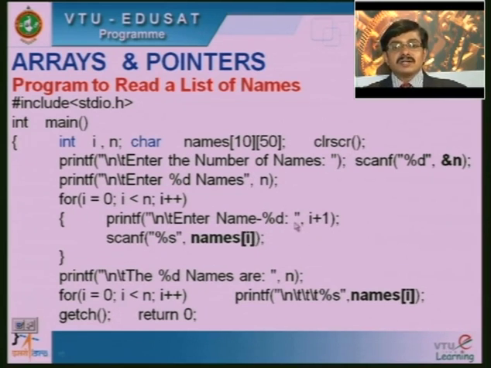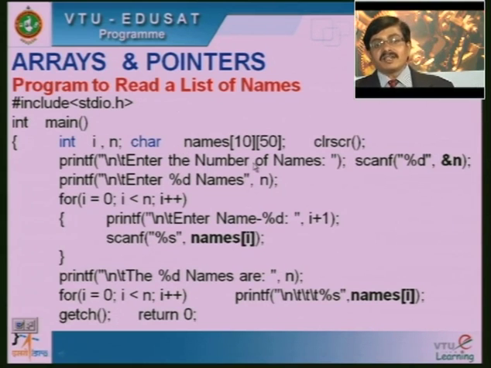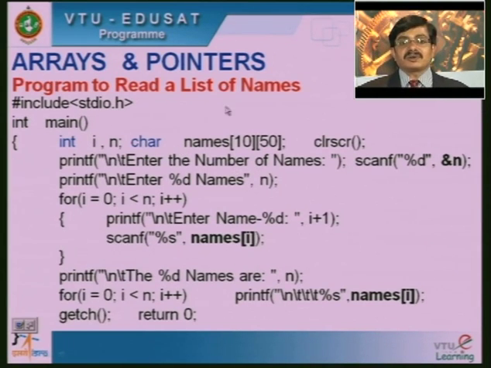From the program's point of view, when i is 0 we access the 0th element, but from the end user's point of view, the first element is the first name, not the 0th element. So for display purposes we use i plus 1 there, but the value of i is not altered; we just added 1 to the index.